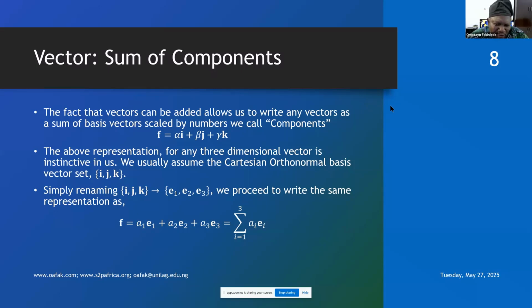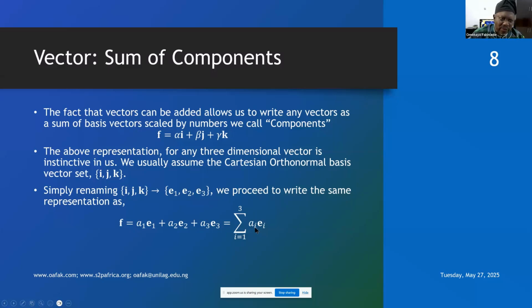You don't need to look for new symbols. And again, for a, you just change the number of subscripts. So that reduces the number of things we have to keep track of. And we can write the sum in the standard form, where a is the sum from i equals 1 to 3 of a_i e_i, where i ranges from 1 to 3.